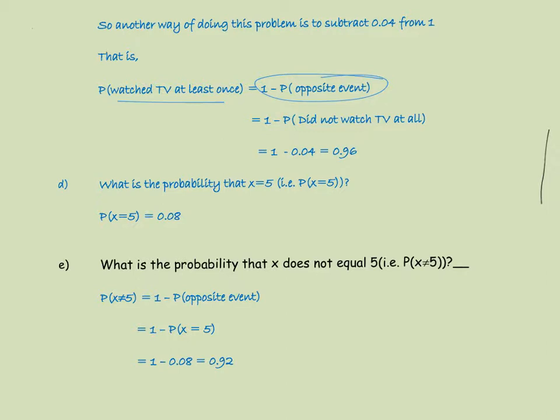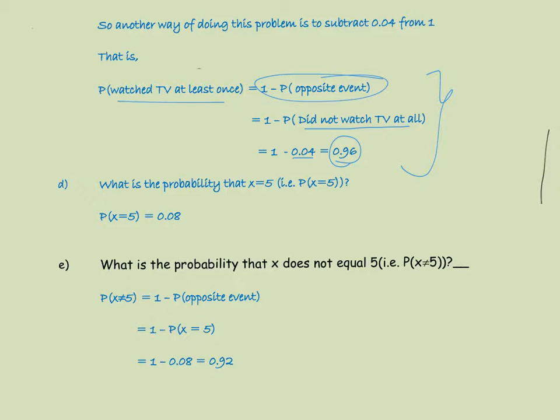So that is equal to 1 minus the probability that the person did not watch TV at all. So that would be 1 minus the probability of not watching TV at all, which according to the table is 0.04. So that would be 0.96. So we get the same answer in two different ways. Here we've used a formula which makes it just easier to calculate the probability.